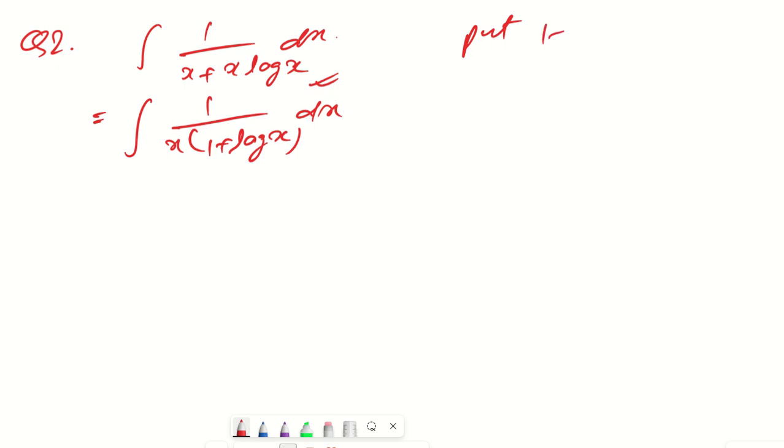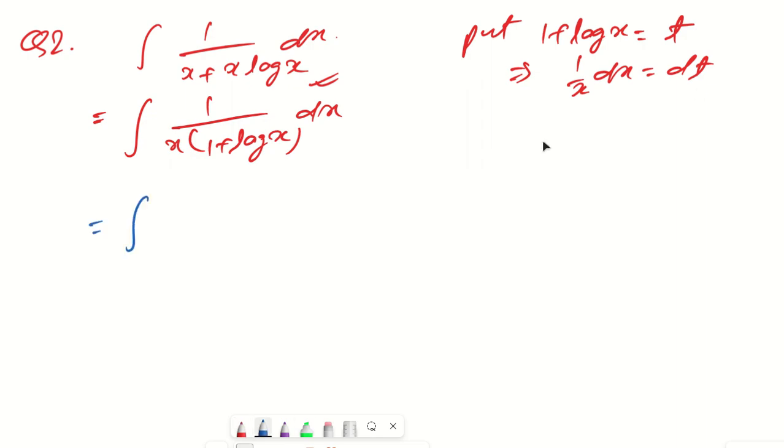So let us put 1 plus log x equal to some other variable t. By differentiating, what will happen? Differentiation of 1 will be 0, and log x differentiation is 1 by x, so dx by x is equal to dt.